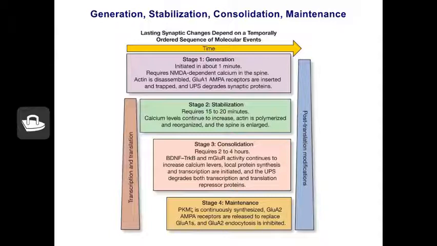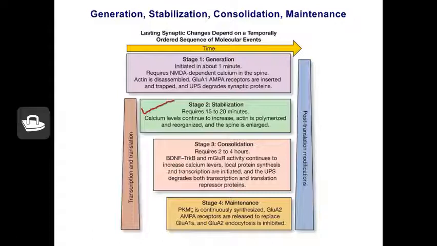These mechanisms disassemble actin at the head of the spine, insert GLU-A homotetrameric AMPA receptors into the membrane, translocate these newly inserted receptors to the active zone of the postsynaptic membrane, and temporarily trap these new receptors into the membrane, and also activate the UPS system to degrade excess signaling proteins, thereby limiting the overall magnitude of the potentiation of the spine.